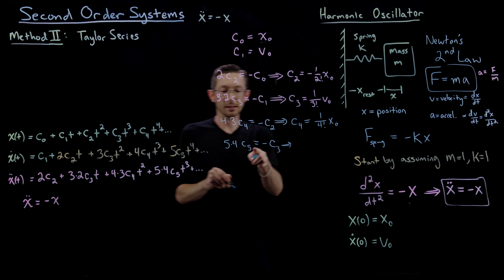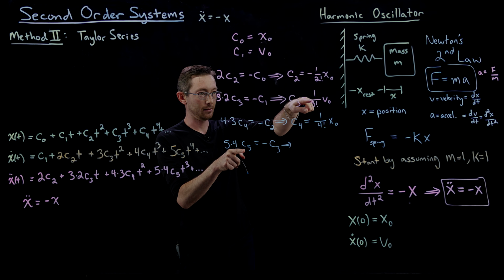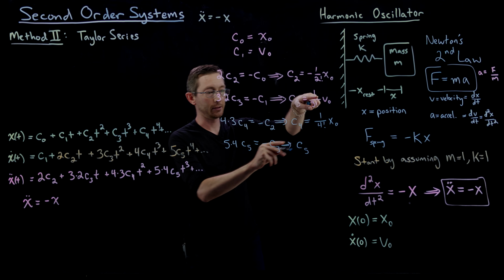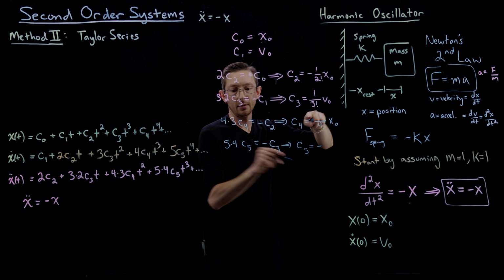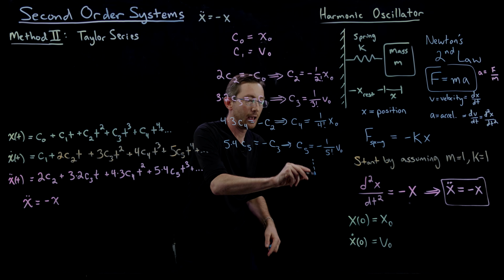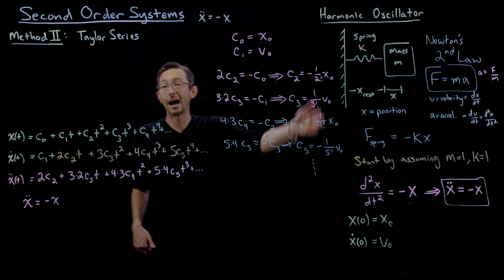So C5 is minus C3 divided by 4 divided by 5. So that's minus 1 over 5 factorial times V0. And you can go on and on and on forever. Okay, so it's pretty clear what the pattern here is.